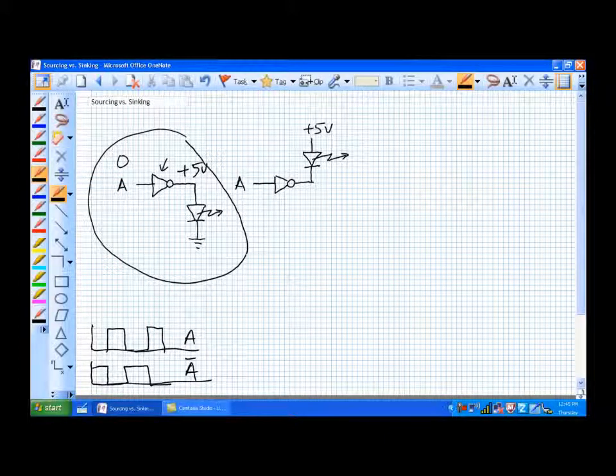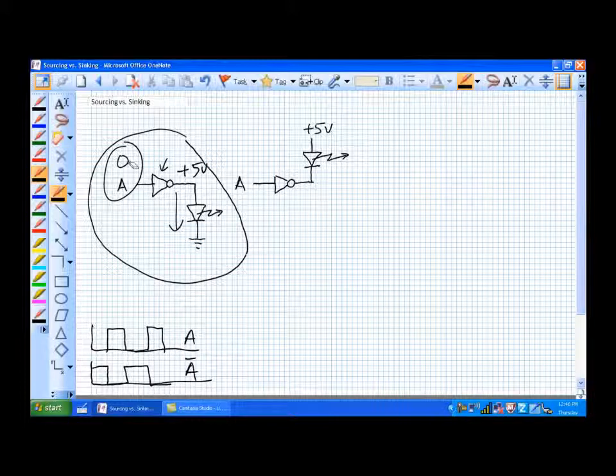It's plus 5 volts, or a 1. So is there a potential difference across that diode? Yes, there is, and current flows because it's an electrical check valve and it's flowing in the correct direction, so that LED will light. So what's happened there? A 0 on A has caused that LED to light.